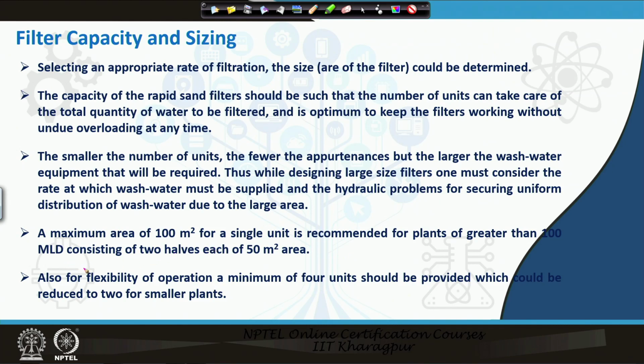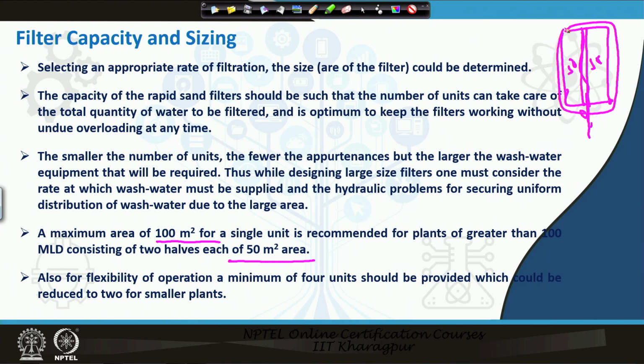Otherwise, for a single unit of 100 meter square, we can have 50 meter square on each side. A filter bed can be of this type, with two halves in between through which our main manifold passes. So, we keep each side area as 50 meter square, so that the area of one bed becomes 100 meter square.